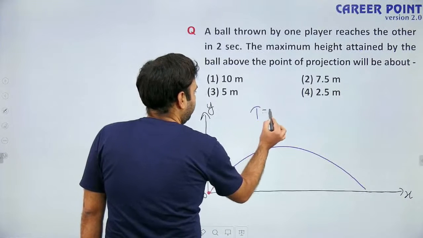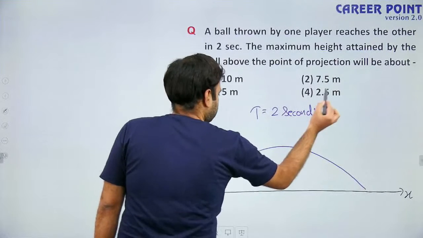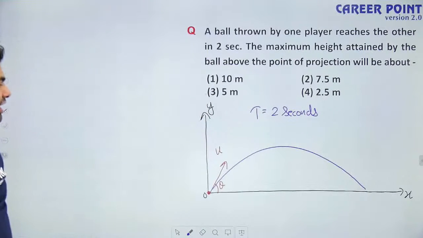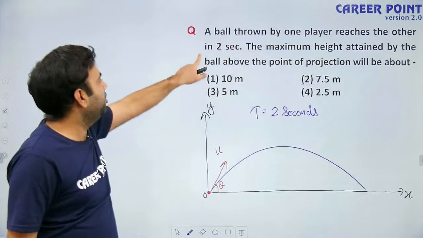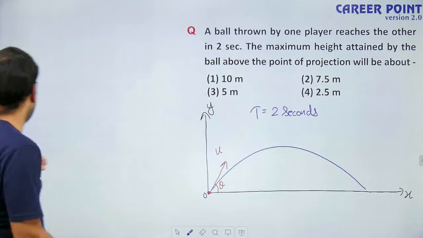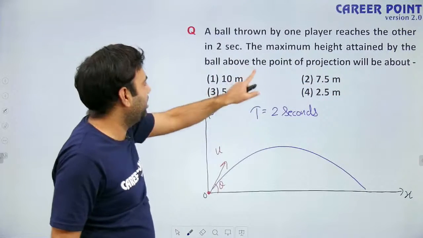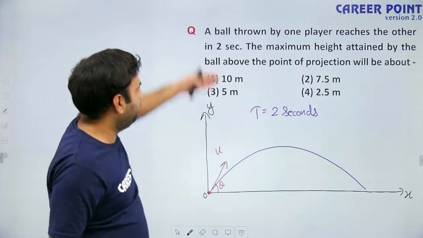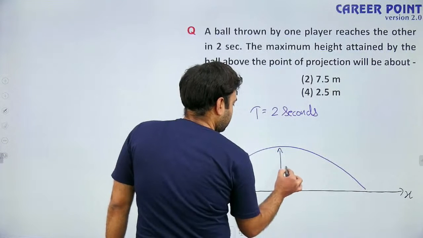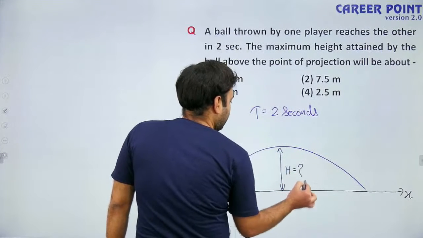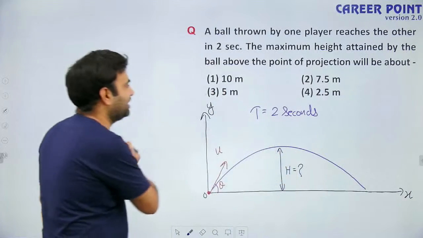That means time of flight is equal to 2 seconds. The ball thrown by one player reaches the another in 2 seconds. And what is it asking? It is asking what is the maximum height attained by the ball above the point of projection. This height it is asking. That means the time of flight is given and maximum height it is asking.